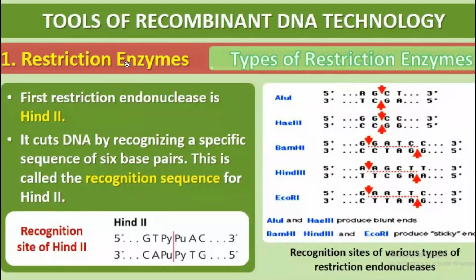Then, what is the name of the first restriction endonuclease? The first restriction endonuclease enzyme is HindII. It cuts DNA by recognizing a specific sequence of 6 base pairs. This is called the recognition sequence for HindII.